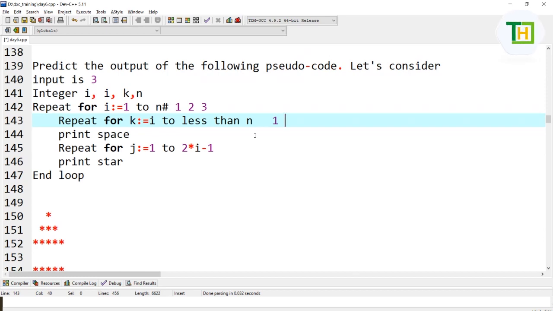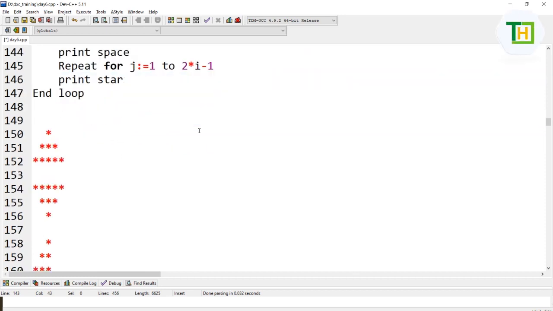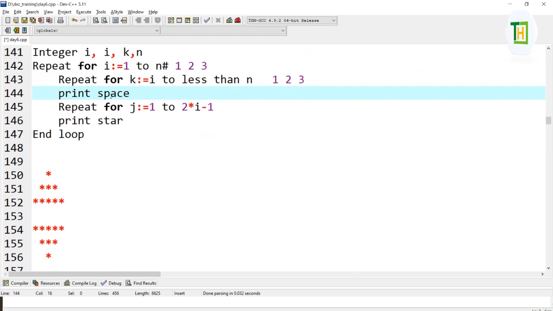What is i value? i value is 1, and then 2, then 3. That means it is going to be repeated for the first time. It is repeated for 3 times. Then it is repeated for 2 times. Then it is repeated for 1 time. Is there any loop like that? And it is going to print some space always.